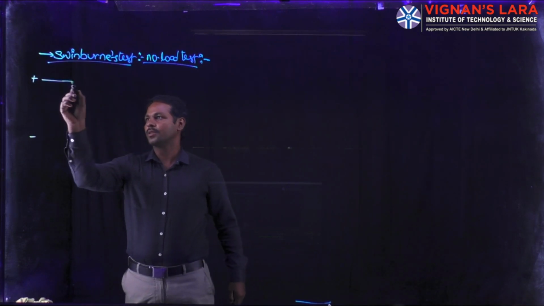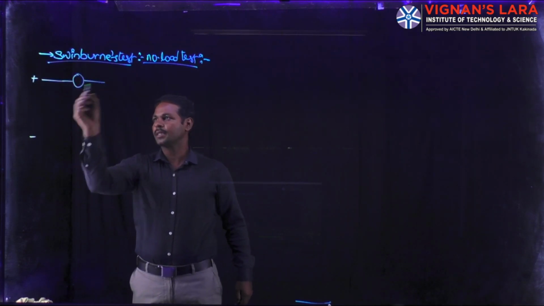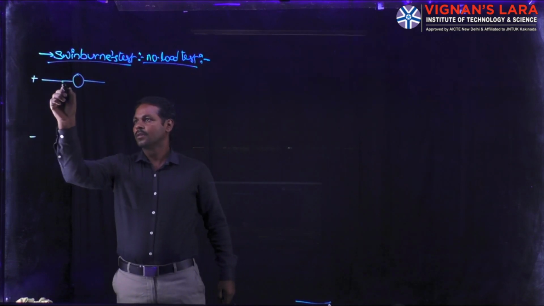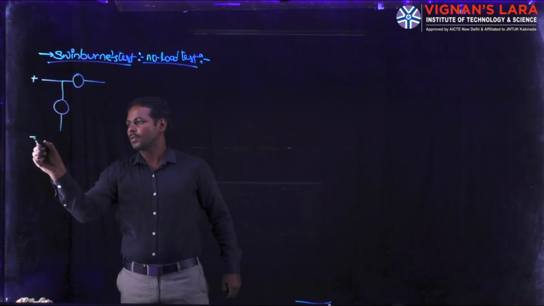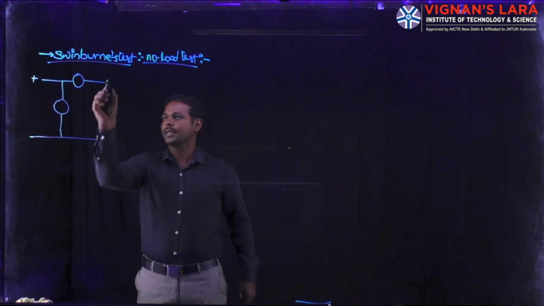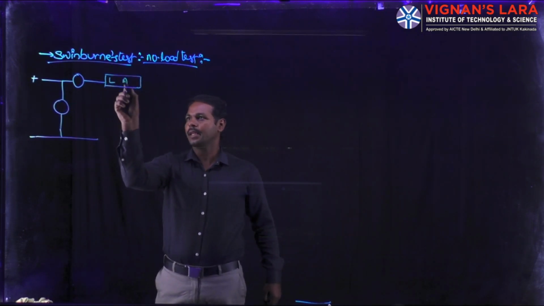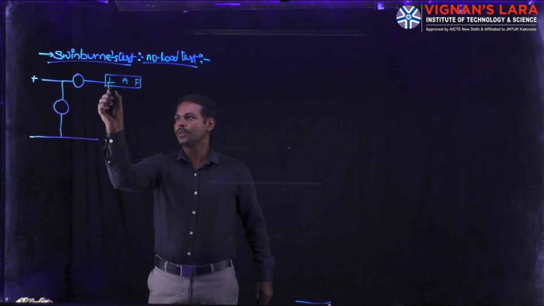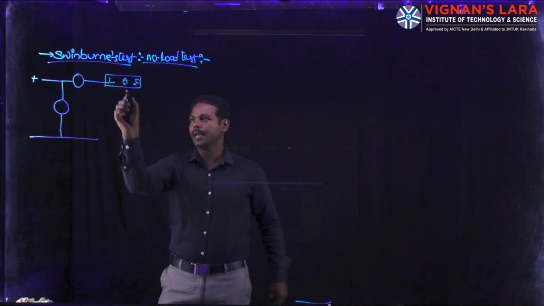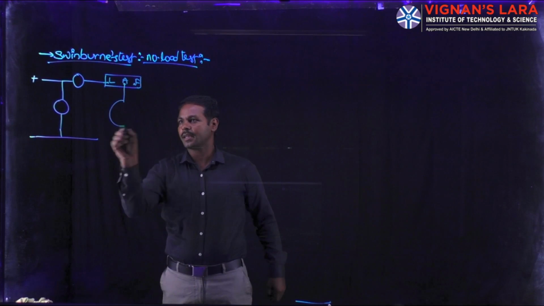Which is equal to input voltage and current, which is directly connected to the 3-point starter L, A, F, which is equal to line, armature, field. The armature is directly connected to the armature of the DC motor.